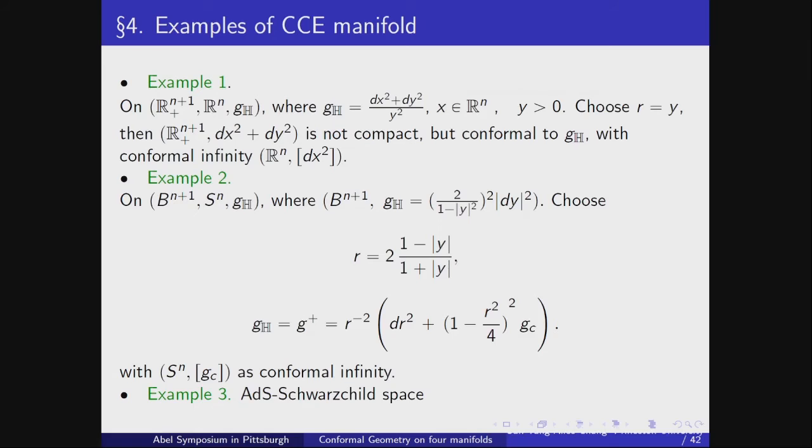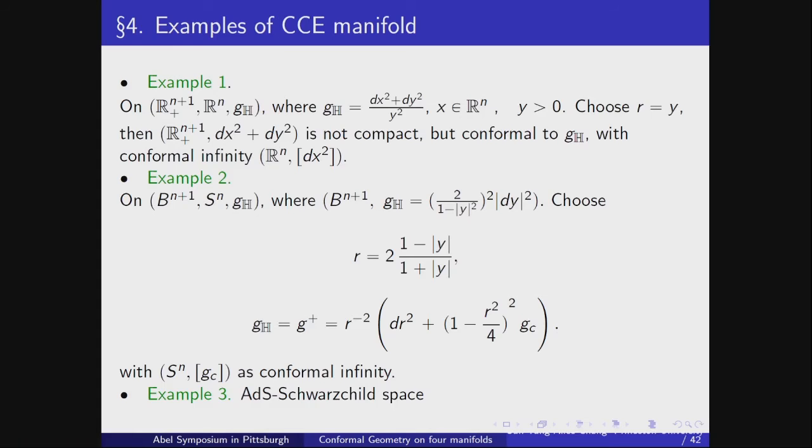So in this case R^n, Euclidean space, is the conformal infinity of the Poincare metric on the upper half space. One can then transfer this to the Euclidean ball, actually the hyperbolic ball, with the sphere as conformal infinity.